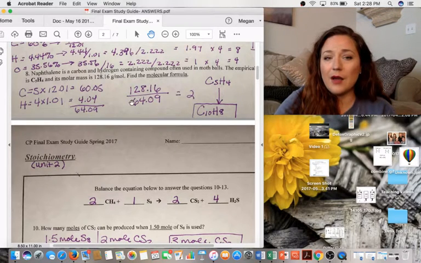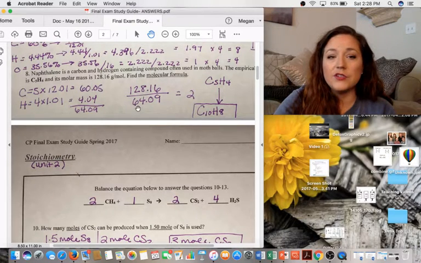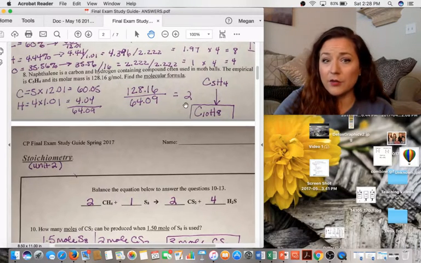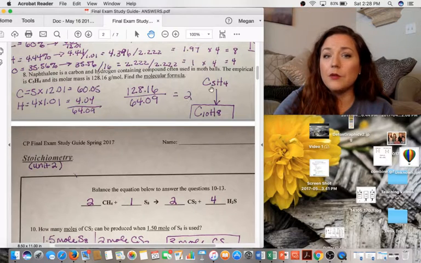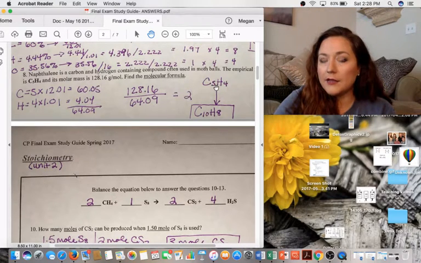So I take the given molar mass of my molecular formula, which is 128.16, and I divide it by the empirical molar mass, which is 64.09, which gives me a close enough number of 2. So what you do is simply multiply. You don't put a 2 in front of C5H4, but you multiply the subscripts.